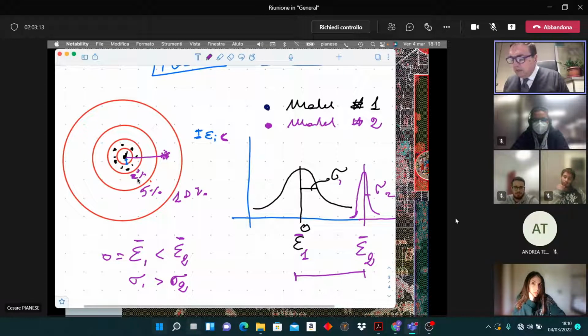Because it will be, let's say, plus minus sigma. If you are here, your sigma could move the result here, not necessarily there. Perhaps this is too advanced a concept, but this is the representation of accuracy and precision.